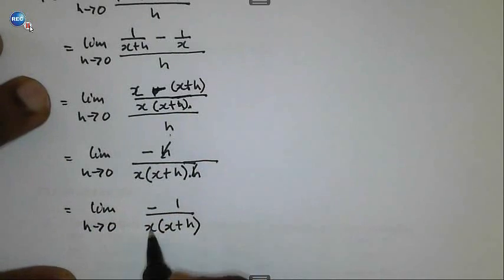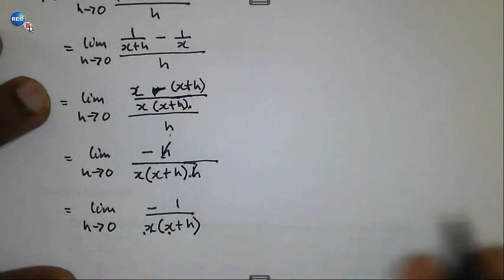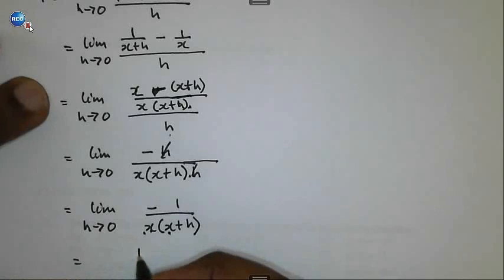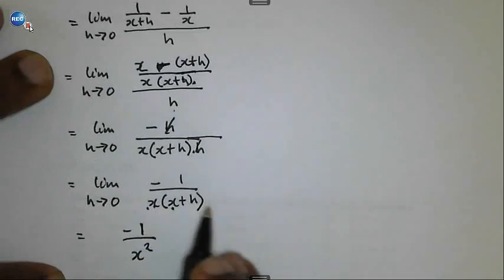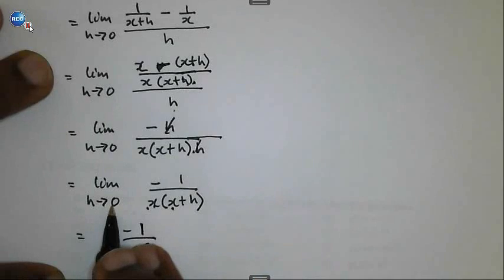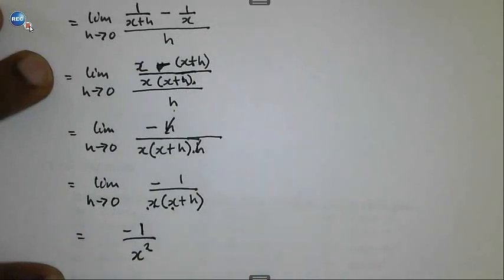This x ends up multiplying, because x plus 0 is x itself. So this x and that x are going to multiply each other and become x squared. So here's your answer, negative 1 over x squared. The h, because it approaches naught, tends to naught, doesn't count.